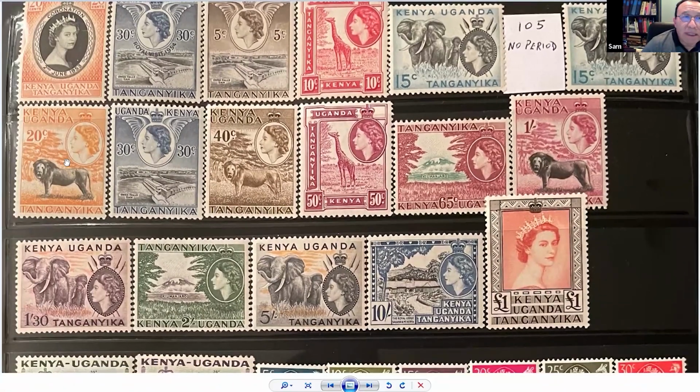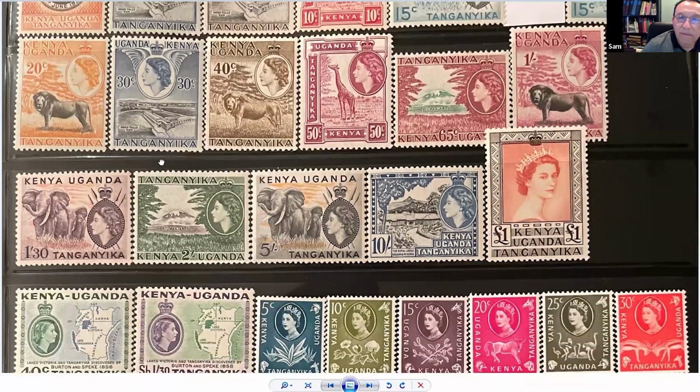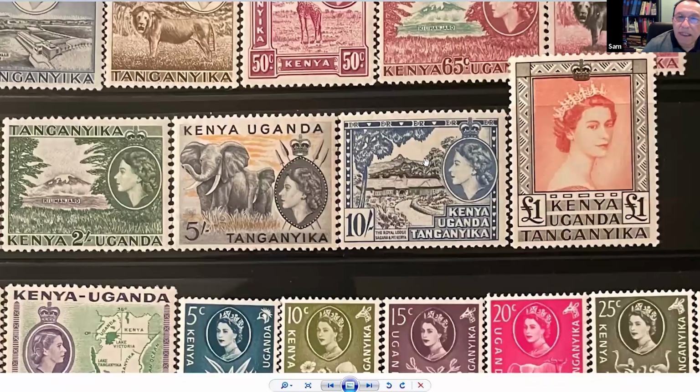Now, the lion is the national animal in Kenya, right? This is the East African lion. These are similar stamps as before. You see the Kilimanjaro again. Now, this stamp here is the Royal Lodge. This is in Kenya.